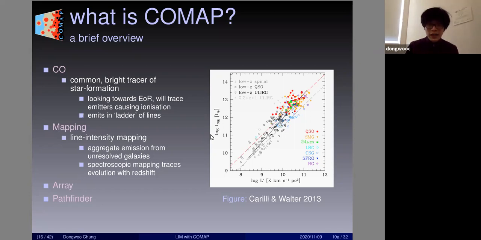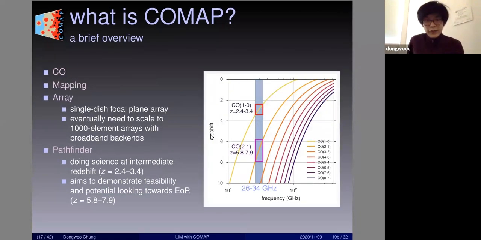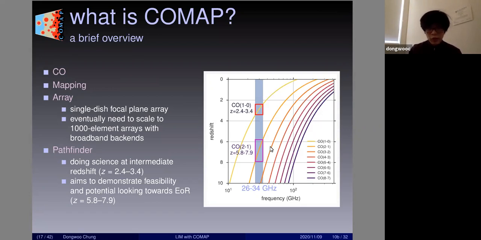So that's where this Pathfinder comes in, right? We do eventually want to go after reionization, but we're going to first prove that CO intensity mapping can actually do valuable science. What I'm showing here is the observing band for our initial COMAP instrument on this plot of observing frequencies for each of the rungs of the CO line ladder.